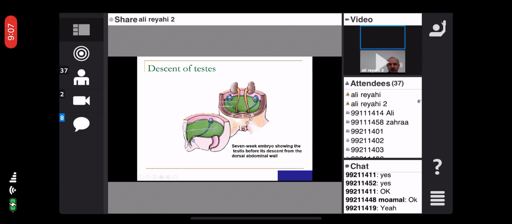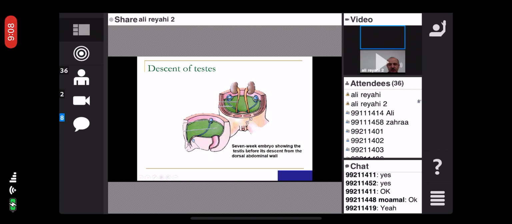And then the testis descends inferiorly, and it passes within the inguinal canal of the abdominal wall, and finally enters the scrotum. This process is called descent of testis.